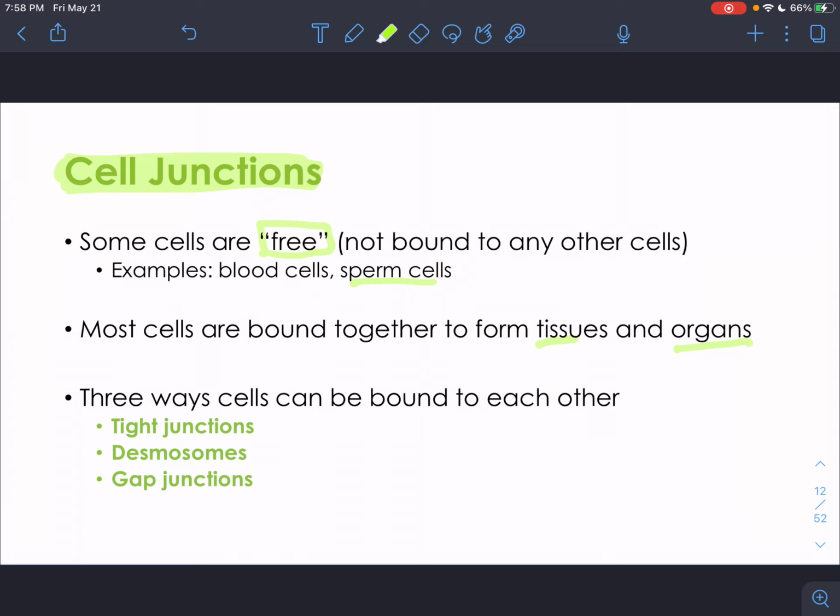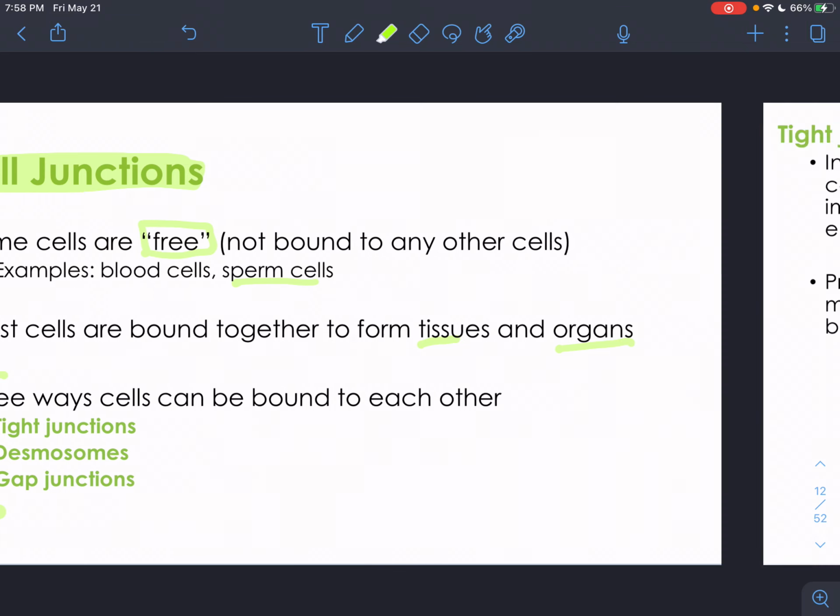All these cells need to be able to communicate and be held together. There's three different types of cell junctions that we're going to find: tight junctions, desmosomes, and gap junctions. They all have different functions, but essentially it's allowing cells to be joined, either just to keep them stable or for communication. So let's go through those quick.